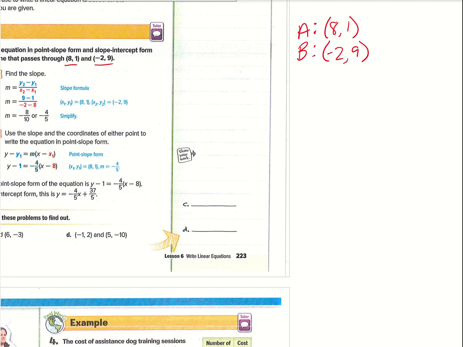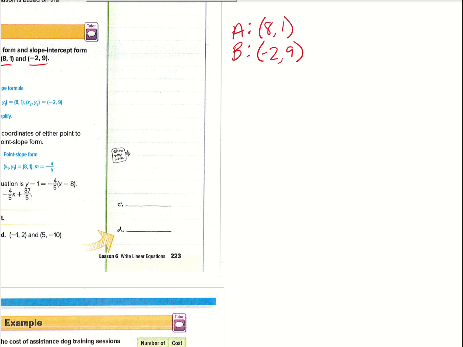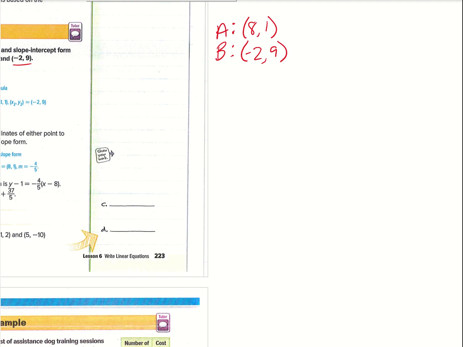All right, our goal here is to write an equation in slope-intercept form. So the first thing we need to do is find our slope between these 2 points. As a reminder, our slope formula is m equals y2 minus y1 over x2 minus x1.